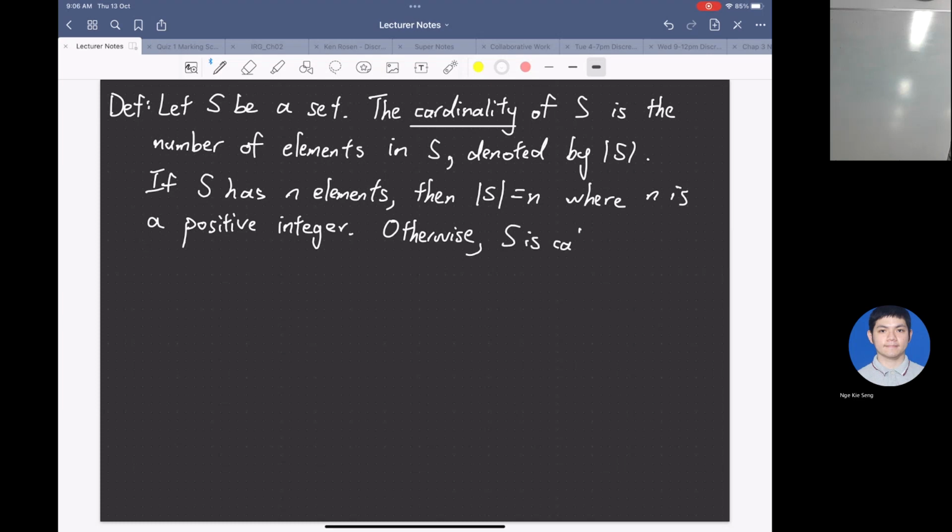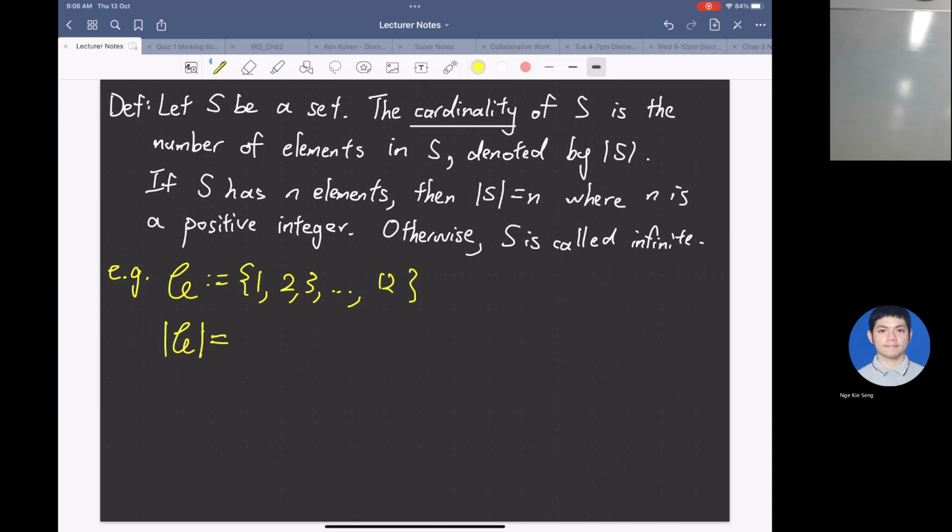X is infinite. So, for example, remember the clock numbers: 1, 2, 3, up to 12. What's the cardinality of this set? 12. Okay. How about the cardinality of the empty set? 0. That means here, I think I need to put non-negative.